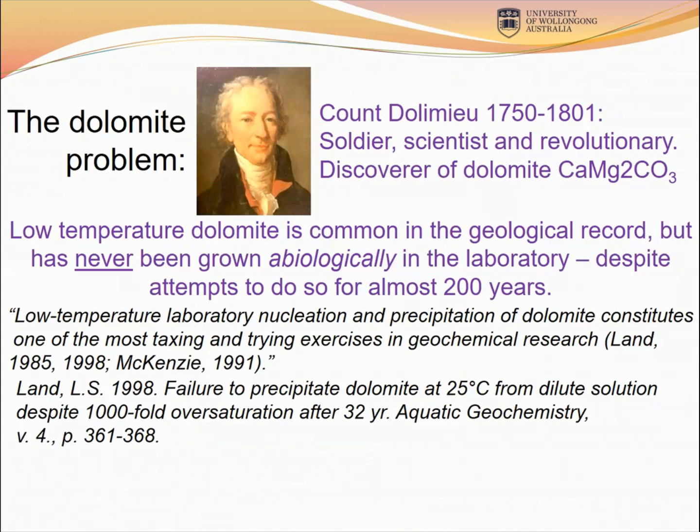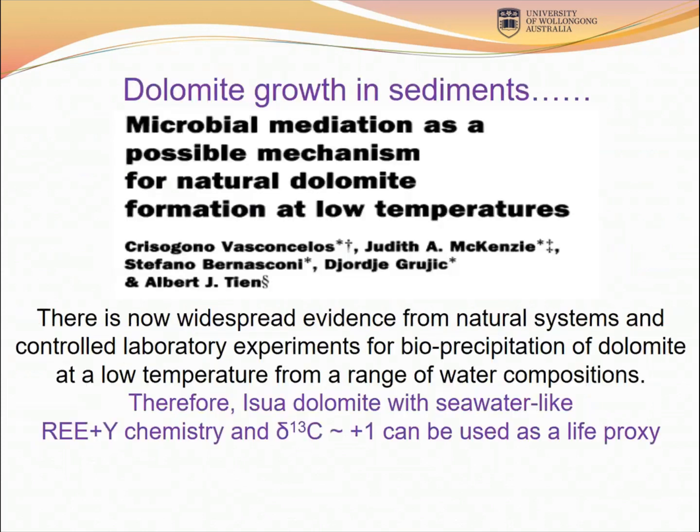So these are two examples of papers about it. Somebody actually ran an experiment for 32 years trying to do it and wasn't able to precipitate dolomite in a sterile environment. However, as soon as you add certain microbial organisms to such systems, in literally days, you get dolomite growing. So this has been seen in a whole range of natural environments, like sabkhas.